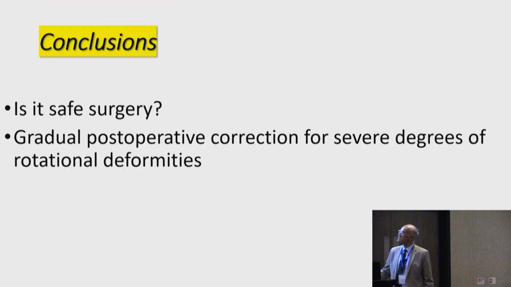No one is the best. Is it safe surgery? There is no safe surgery. And gradual postoperative correction for severe degrees of rotational deformities. If the deformity is beyond correction in your mind, a 180 degrees or 90 degrees rotational deformity, this is very easy if you do it gradually, 1 millimeter per day. So, thank you.